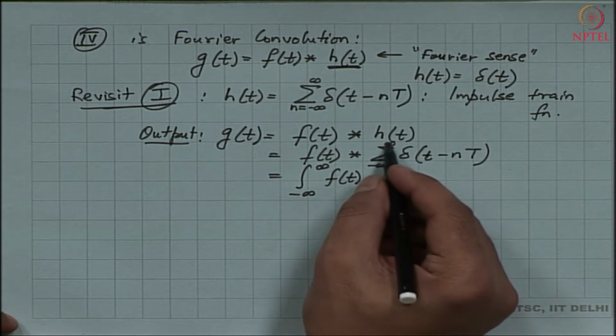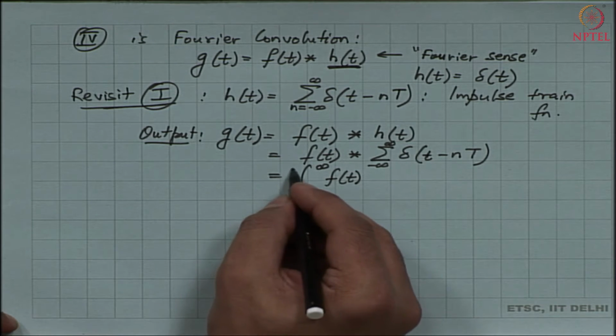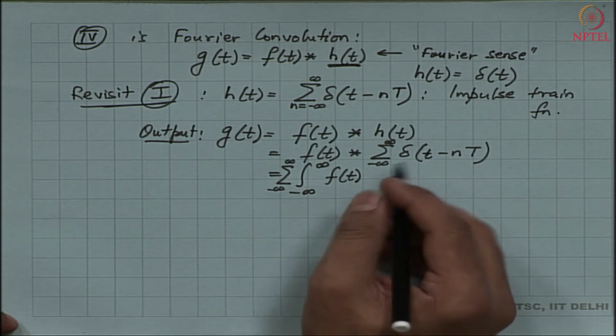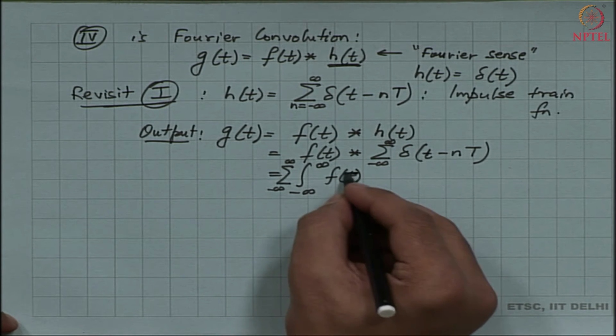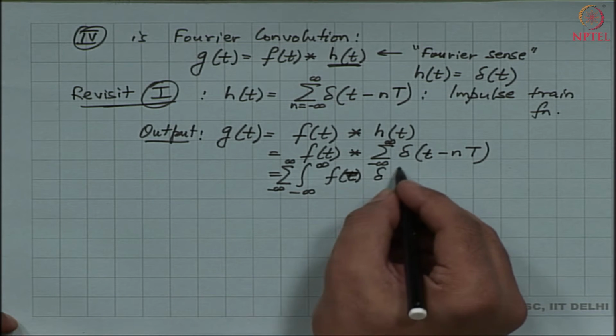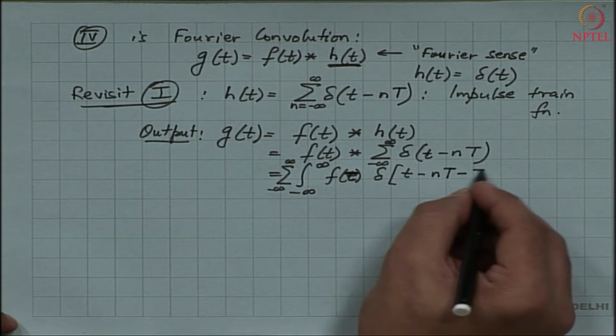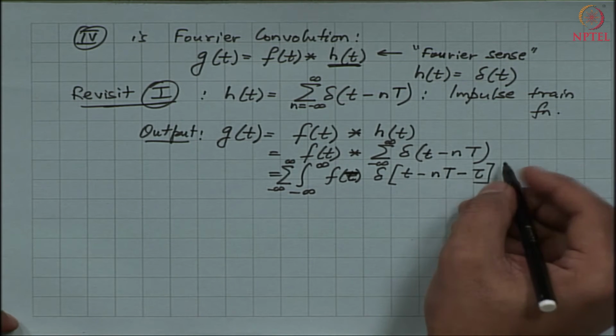Well, I am going to take the summation out of the integral. So, the summation from negative infinity to infinity, and the convolution will be f of tau delta of t minus n d tau minus tau, d tau.